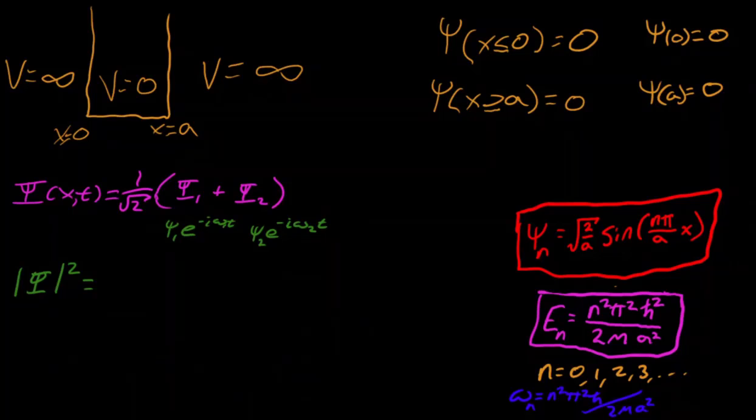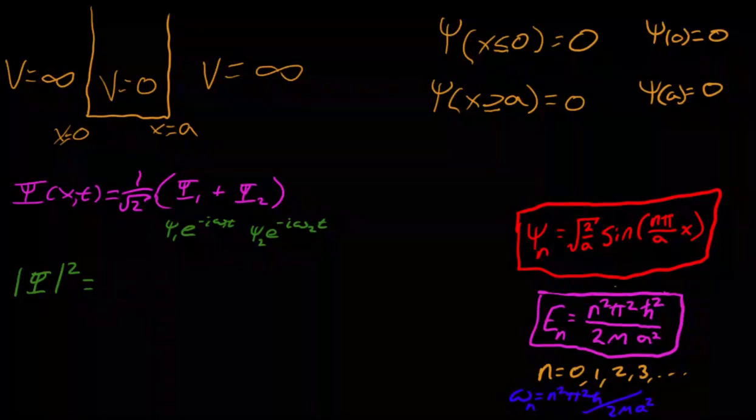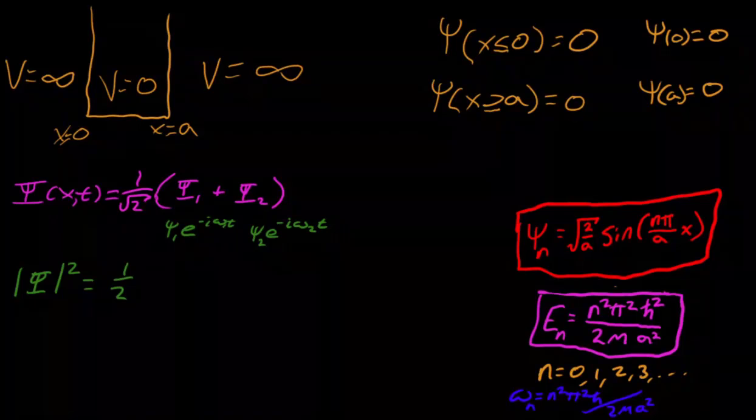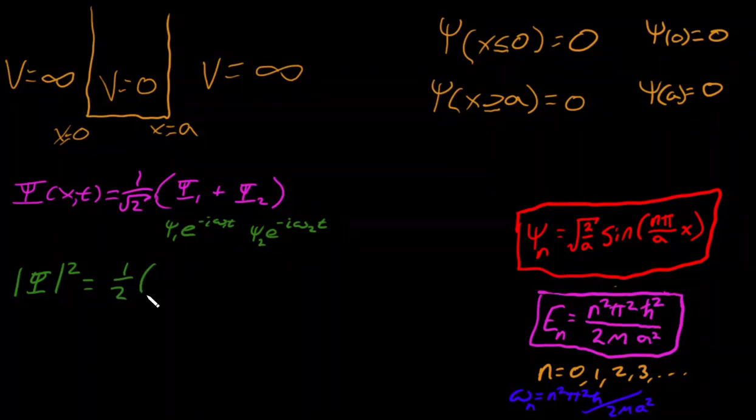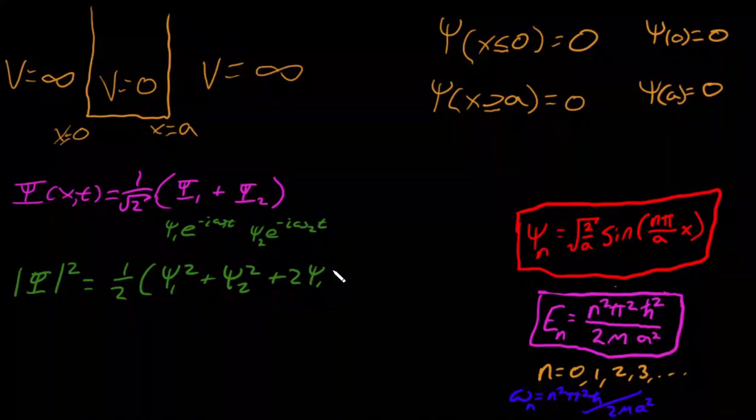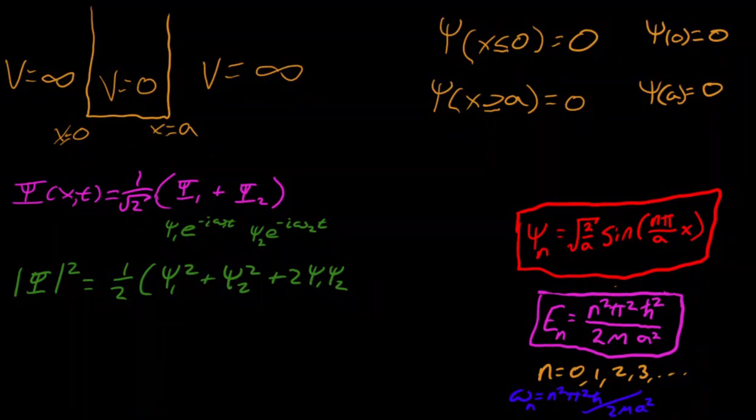We get the interesting result, and I'm not going to show it all here, that this is equal to 1/2 psi1 squared plus psi2 squared plus, and now this is going to be the interesting part, 2 psi1 psi2 cosine of omega 2 minus omega 1 times t, which you can actually calculate out.